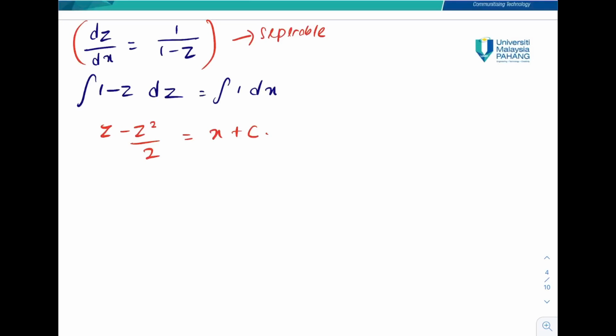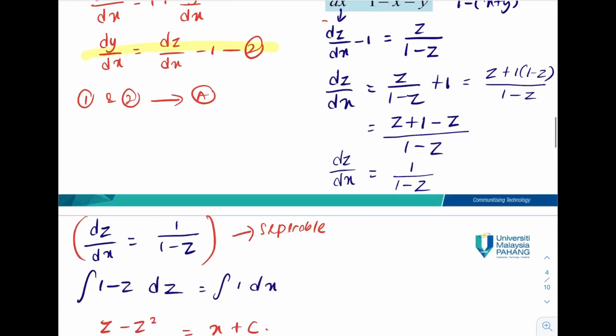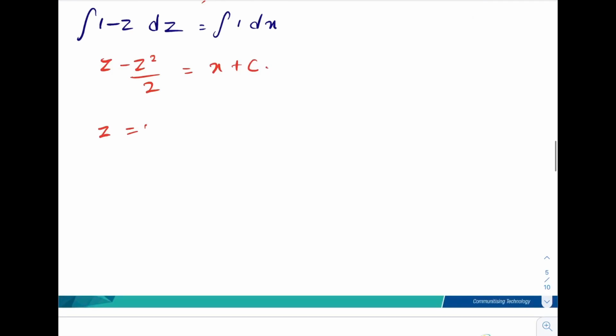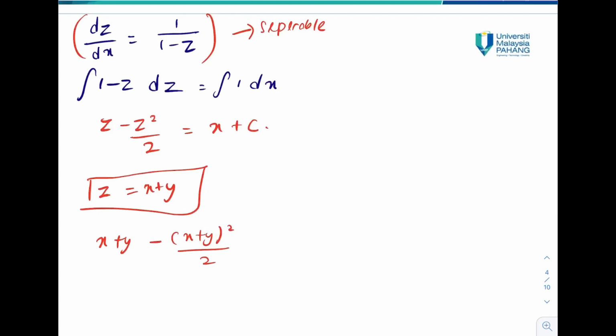So remember z equals to x plus y. So we replace this one into the question. So x plus y minus x plus y squared per 2 equals to x plus c.